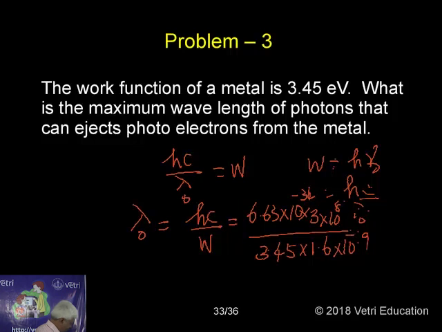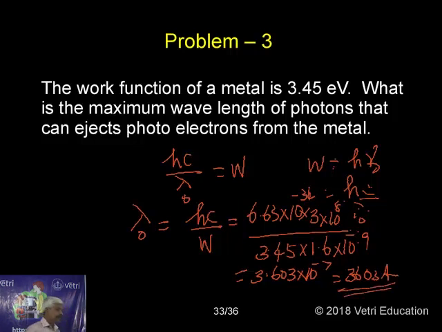On simplification, 3.603 into 10 power minus 7, or 3603 angstrom, because 3.603 into 10 power minus 7 is 36 minus 8, 360 minus 9, 3603 minus 10, and 10 power minus 10 is 1 angstrom.